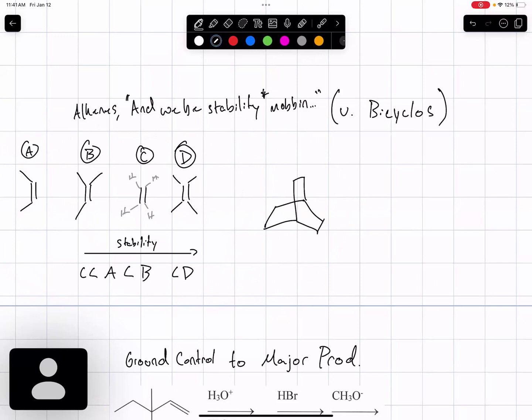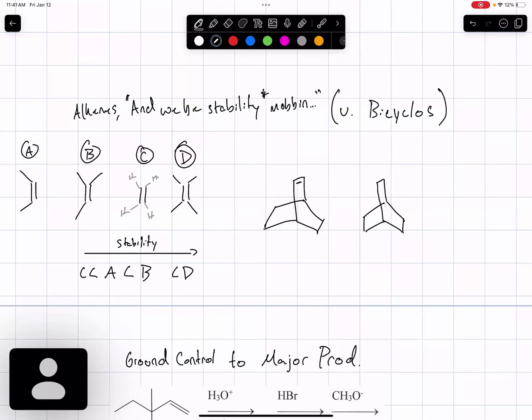This bicyclo, let's put an alkene here. How about this bicyclo? That's ugly. Let's try that again. That's better.